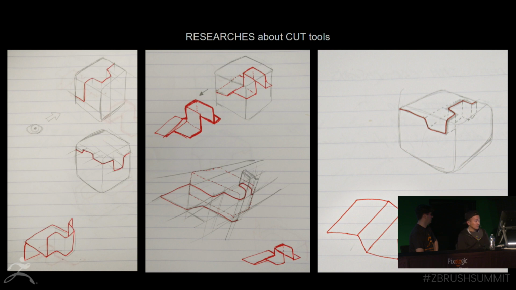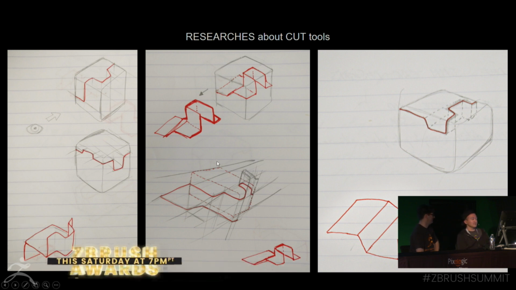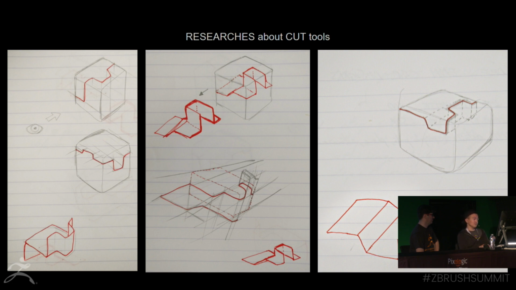As you can see, I'm not good in 2D, but I think you understand my approach. Yes, and that's why I try to use ZBrush and do modeling from that. Yeah, experimentation is a big part of your process. Yes, exactly.